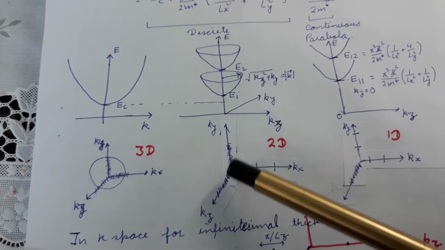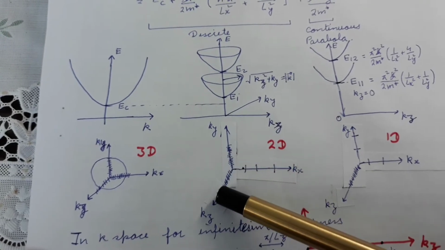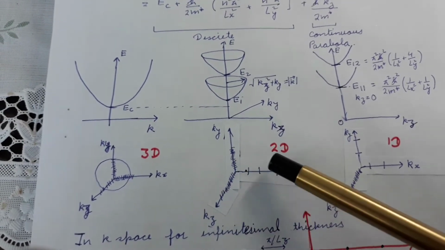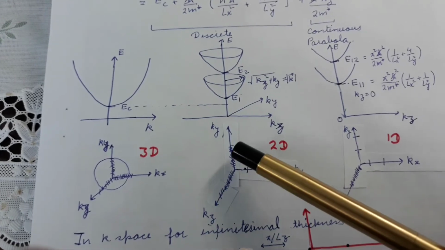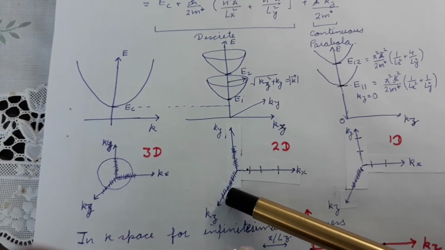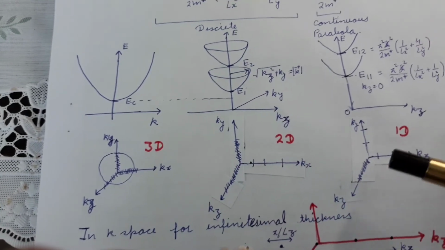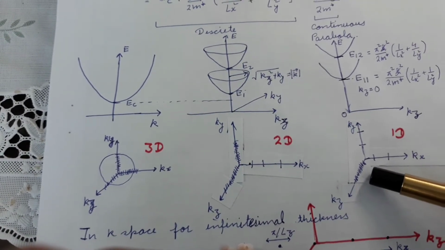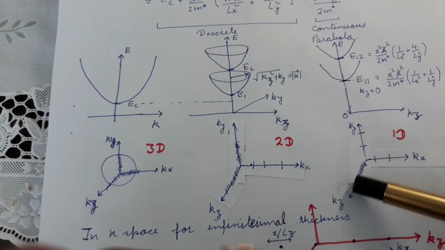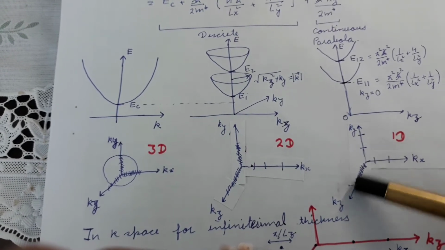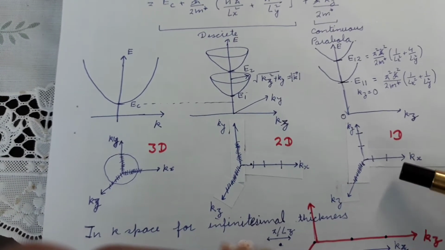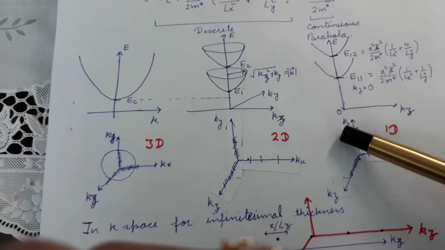So the equal energy will be at a surface which will be perpendicular to the kx direction, and the radius will be kx square plus kz square in this particular case. While for one-dimensional material, the energy will be continuous in only one line, while k vector will be discrete in kx and ky direction.